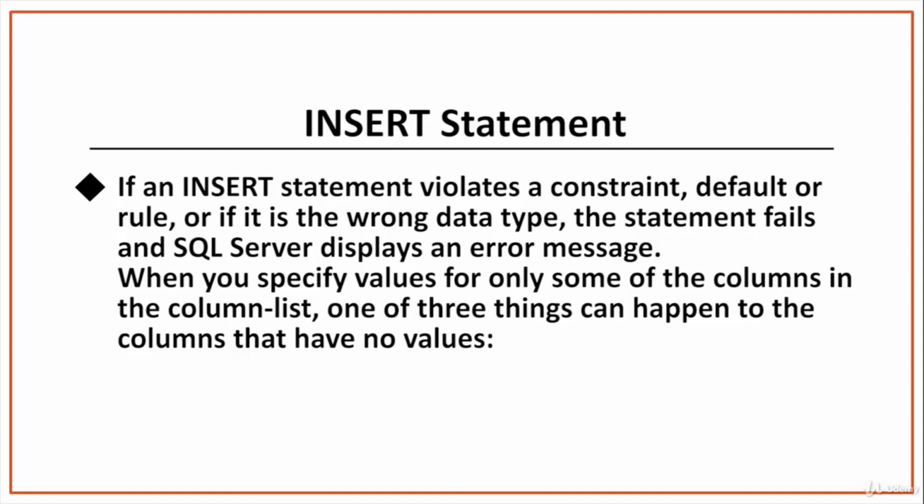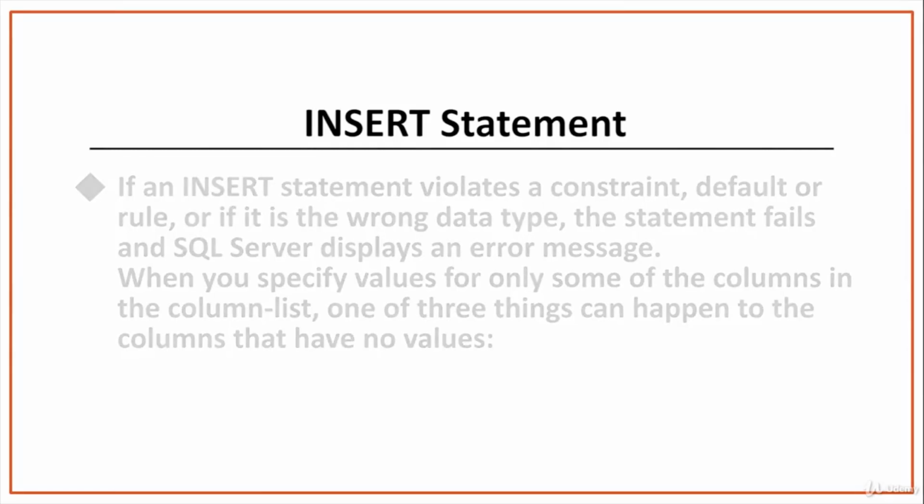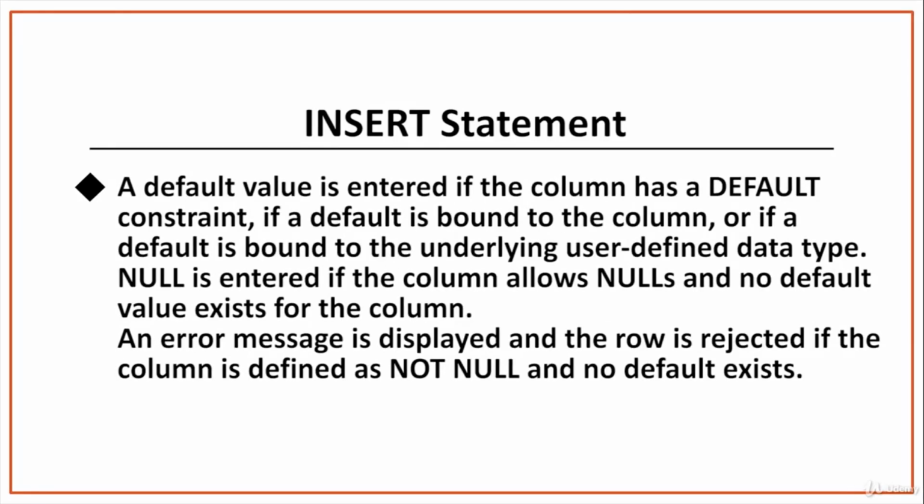When you specify values for only some of the columns in the column list, one of three things can happen to the columns that have no values. A default value is entered if the column has a default constraint, if a default is bound to the column, or if a default is bound to the underlying user-defined data type. Null is entered if the column allows nulls and no default value exists for the column.